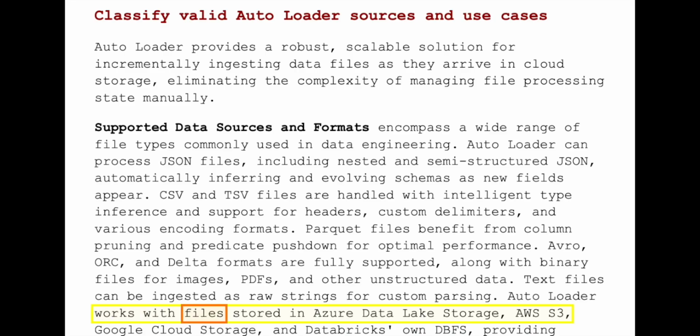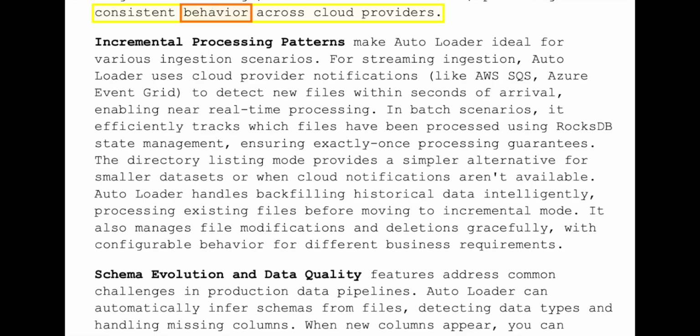Auto Loader works with files stored in Azure Data Lake Storage, AWS S3, Google Cloud Storage, and Databricks' own DBFS, providing consistent behavior across cloud providers. Incremental processing patterns make Auto Loader ideal for various ingestion scenarios.